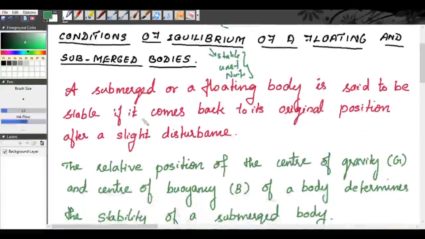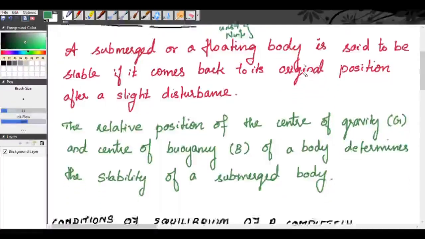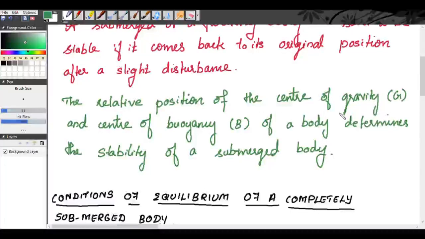Now, a submerged or a floating body is said to be stable if it comes back to its original position after a slight disturbance. So what is the condition for it to come back to its original position? The relative position of the center of gravity and center of buoyancy of a body determines the stability of the submerged body.